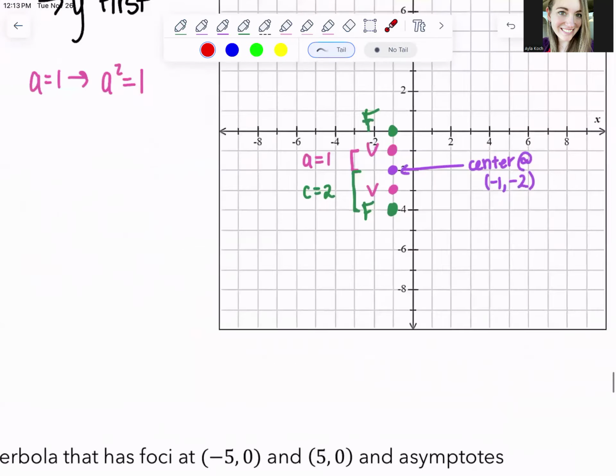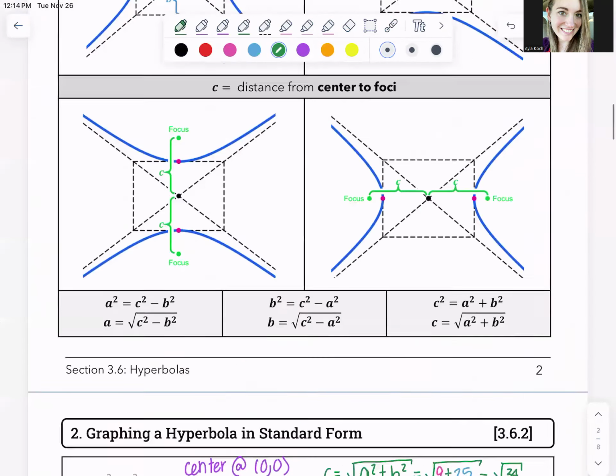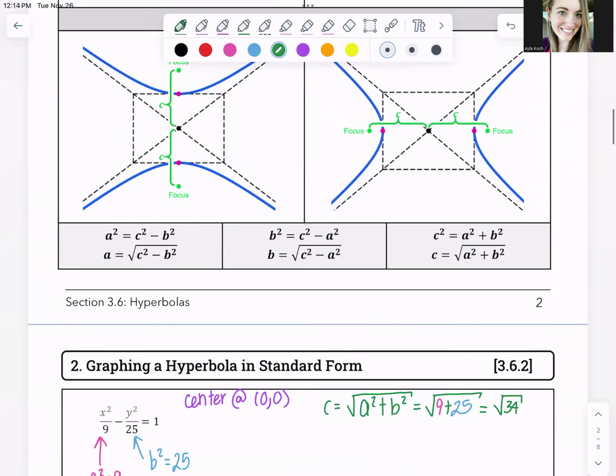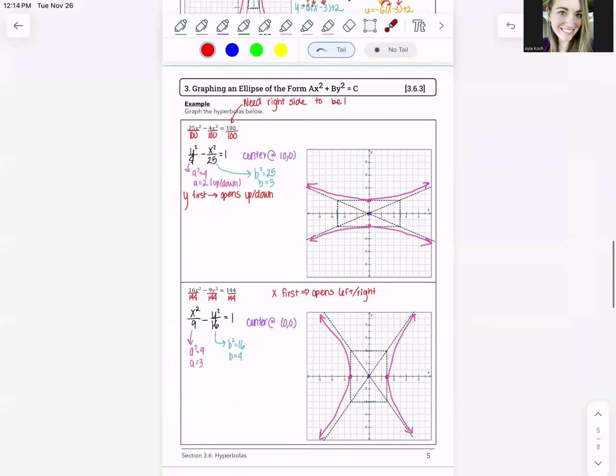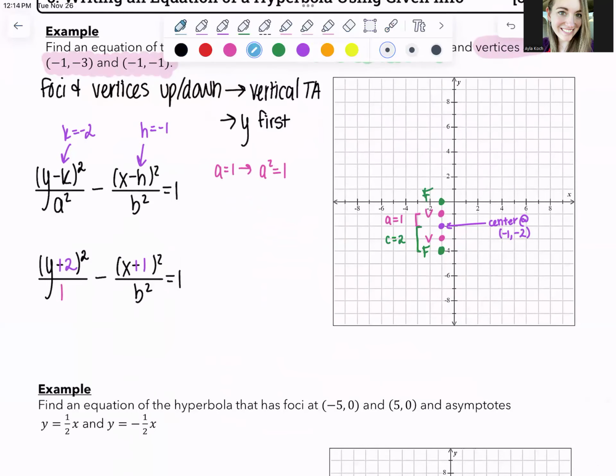So we know that a is 1, we know c is 2, and we have formulas all the way back up here. We need to find b squared. Now, we could solve for b and then square it, but it's a little bit easier to just solve for b squared. b squared is equal to c squared minus a squared.